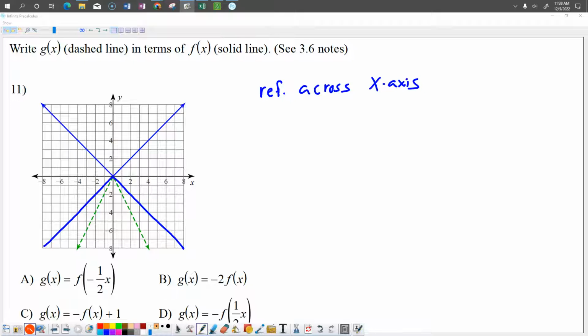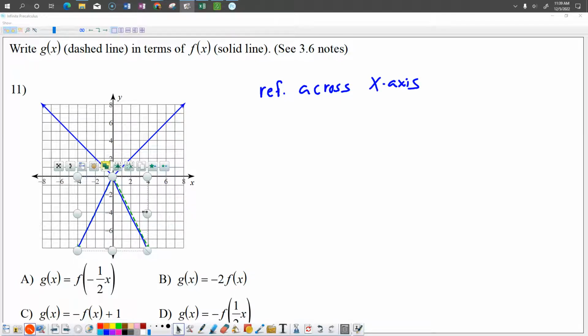And the next thing I want to do is squish it inwards. Once again, there's two ways that can happen. One way is we could make it skinnier like that. So I could compress it horizontally.